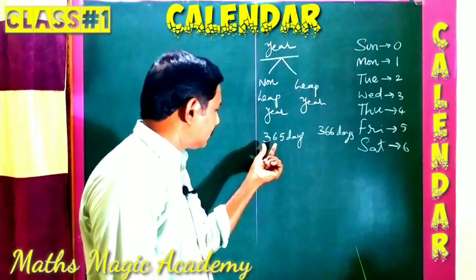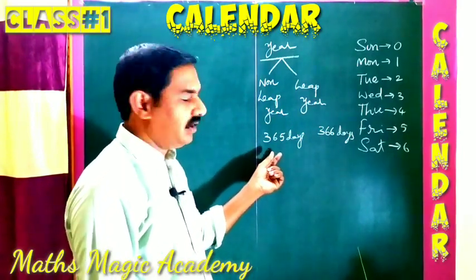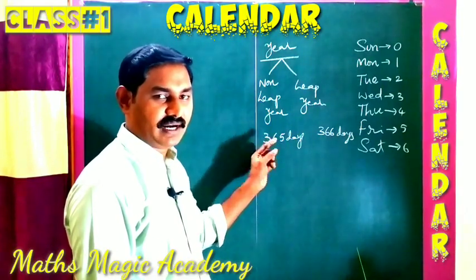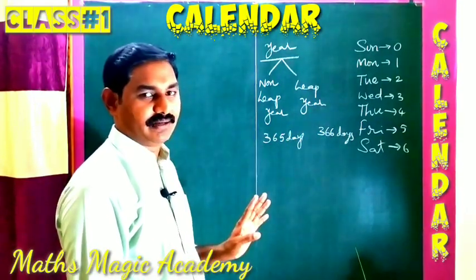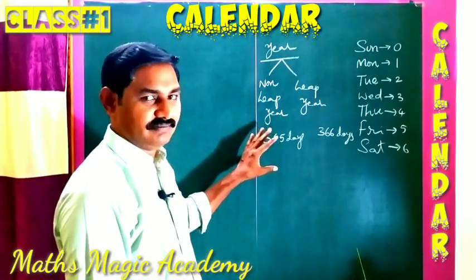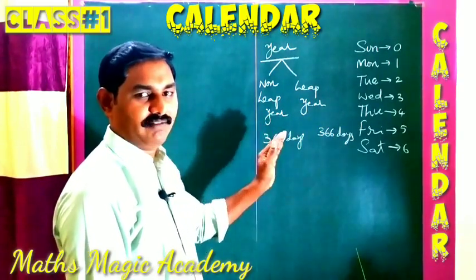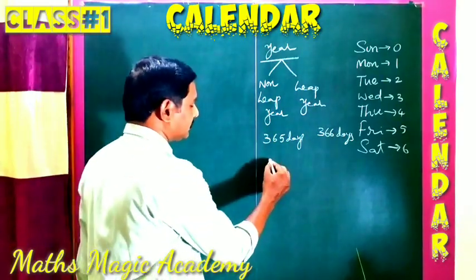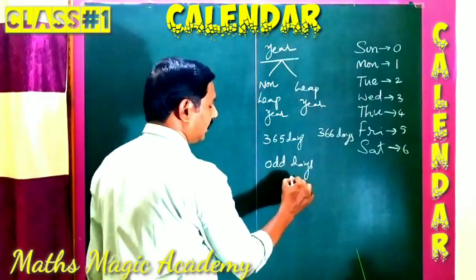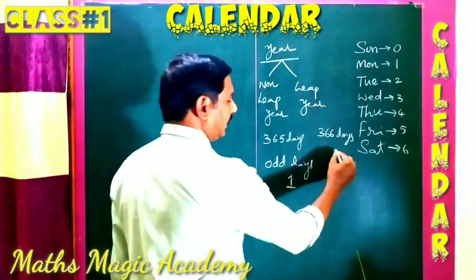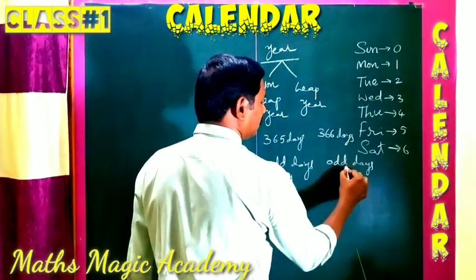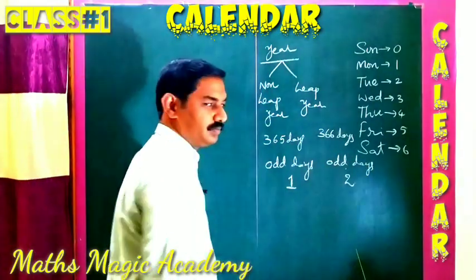Based on 365 days, we have 52 completed weeks, and one odd day will remain. That means completed weeks will be 52 and one day remains. That's why odd days are 1 here, and odd days are 2 for a leap year.